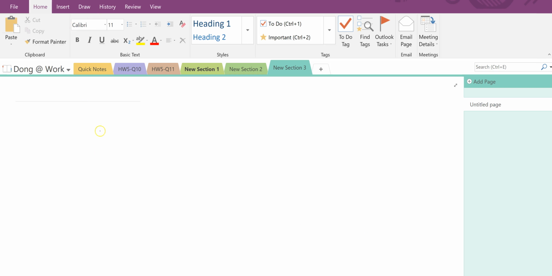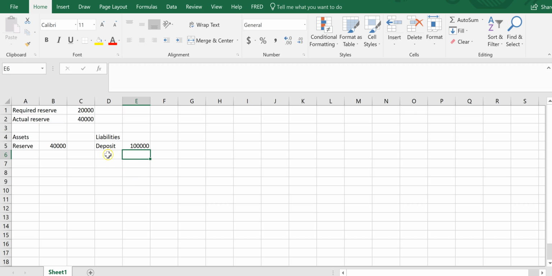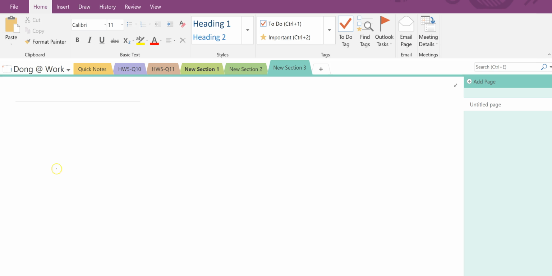So the equation will be, suppose the deposit outflow is X. Hence, the remaining checkable deposit will be the initial deposit minus X, because X dollars is withdrawn from the bank.